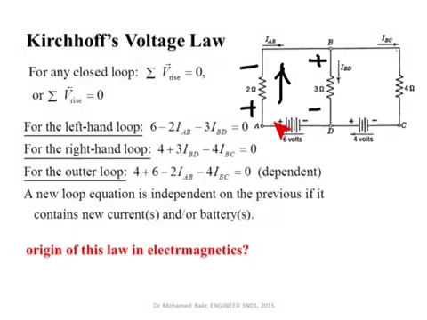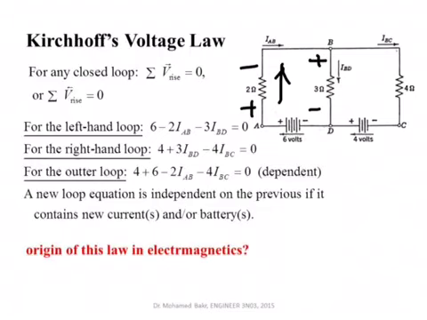So 6 volts minus 2 multiplied by IEB minus 3 multiplied by IBD is equal to 0. So the sum of all voltages in one direction must be equal to 0. And this makes sense because we have a battery here, and this battery will create some voltage drops, so around this loop this whole sum must be equal to 0.